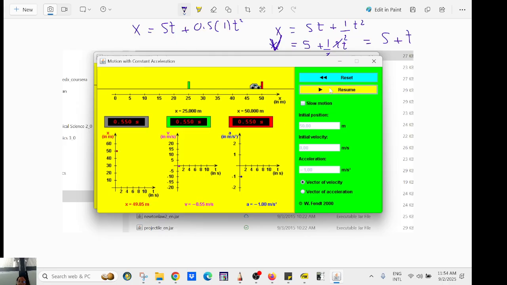The acceleration is negative. So it's moving to the left, but it is increasing. Okay, there is an acceleration because the velocity is negative. The acceleration is negative. So it's accelerating, but to the left. Do you see that?